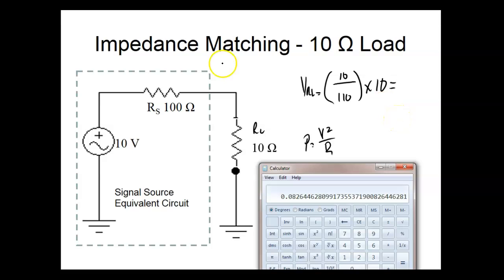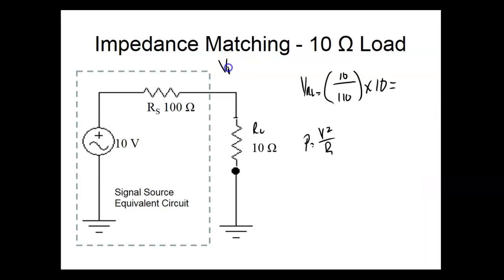The actual formula is VRX in a series circuit is equal to RX over RT times the source voltage.